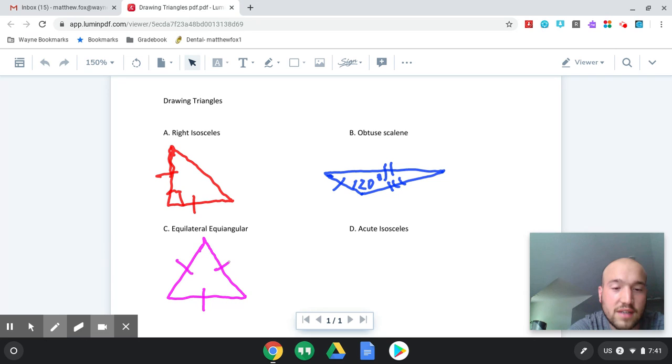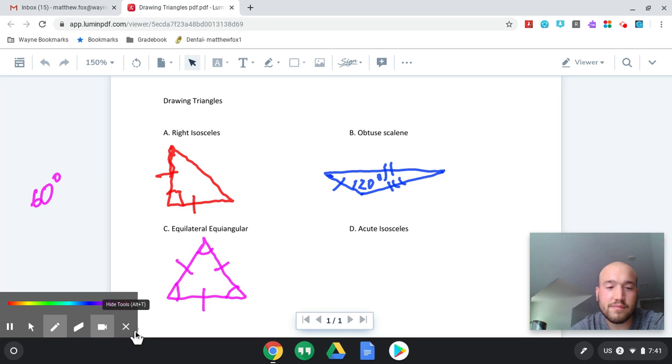That shows it's equilateral. Then to show the angles are all the same, you can also put an arc there, and an arc there. I could also have written in 60 degrees for each of those. Since every triangle adds up to 180, if all three are the same, 180 divided by 3 is 60. We know they're each going to be the same.